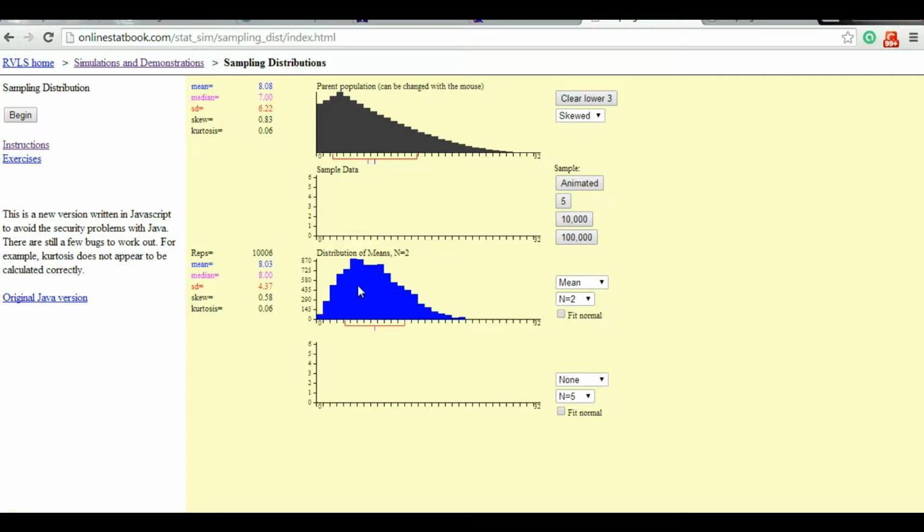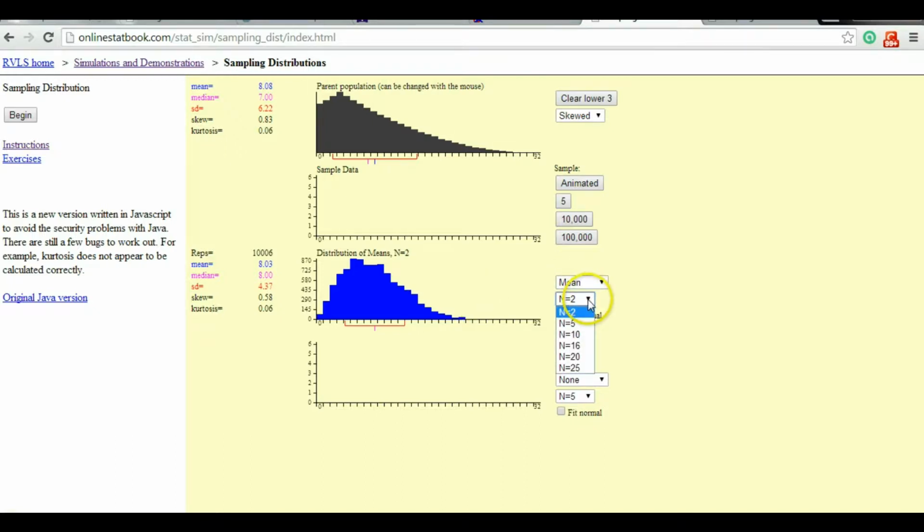So our mean in our sampling distribution is a pretty good approximation of what the mean is from the population distribution. Okay. Now the shape of this is clearly skewed right, and the shape of this is skewed right also, but less so. Okay, I wouldn't call that roughly unimodal and symmetric. It's clearly skewed right.